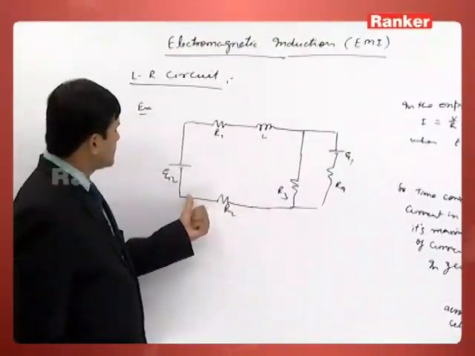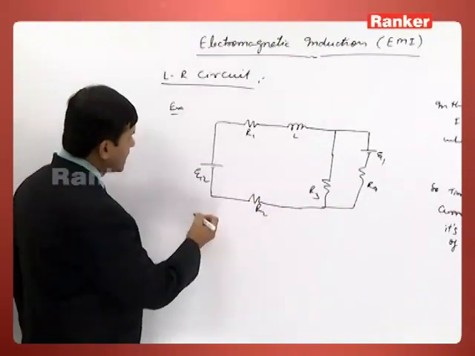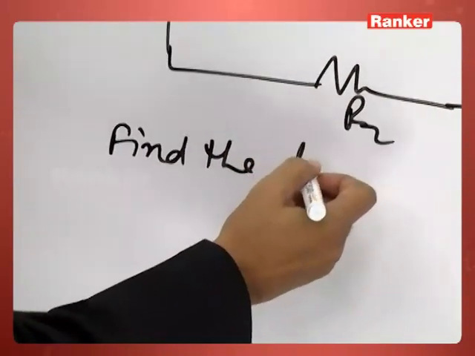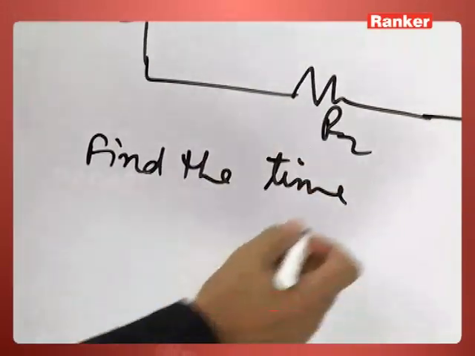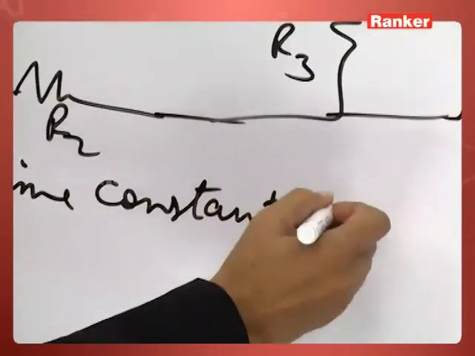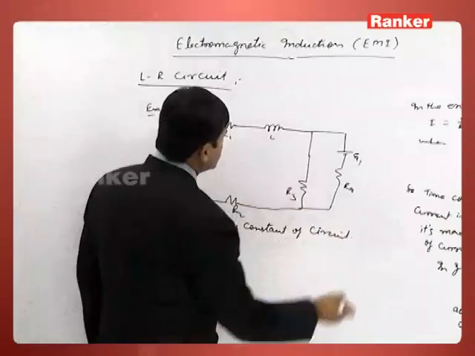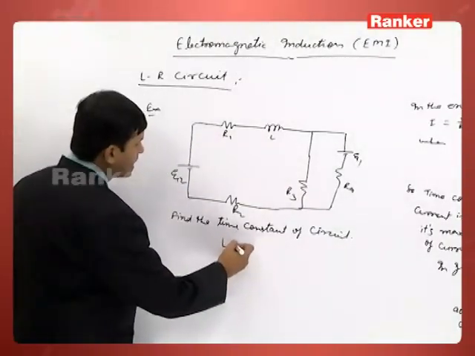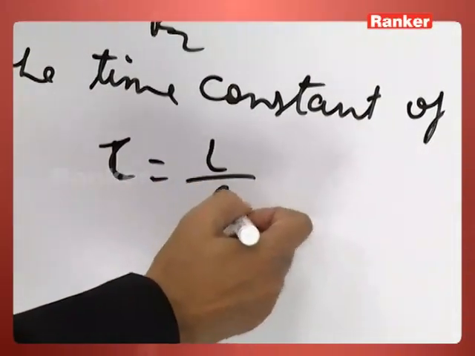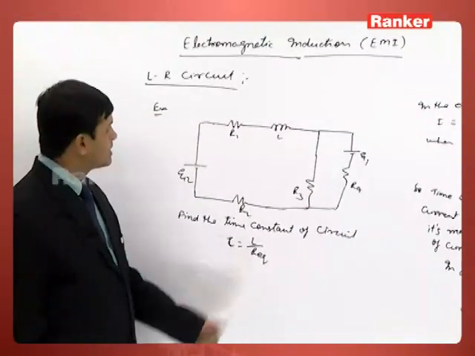See, suppose this is our circuit. The question is to find the time constant of the circuit. As per the time constant, it is defined as L by R equivalent. So what is the meaning of R equivalent?